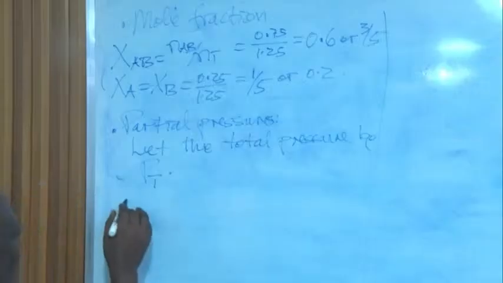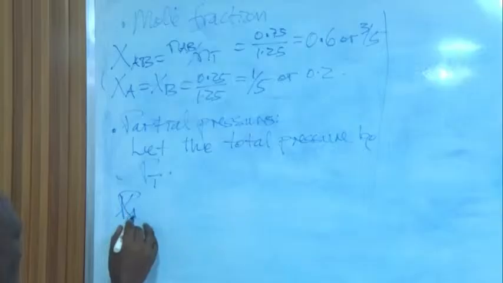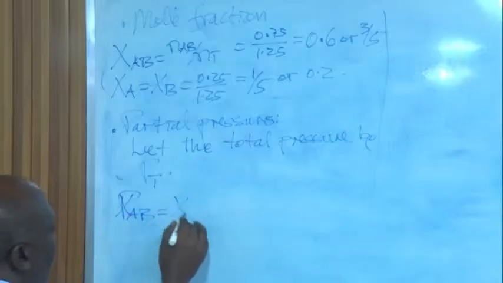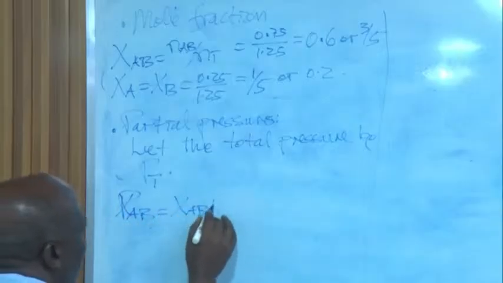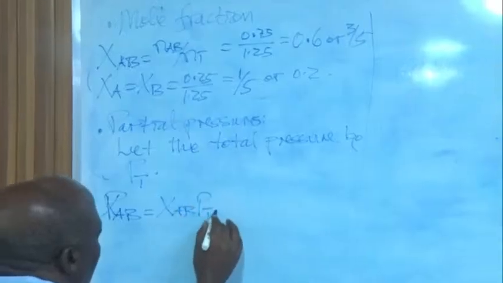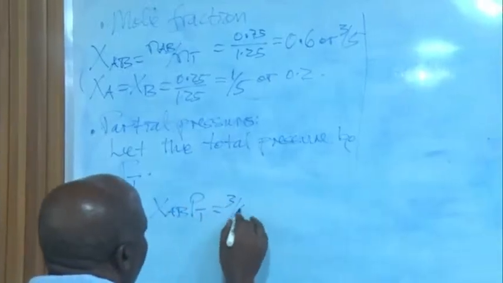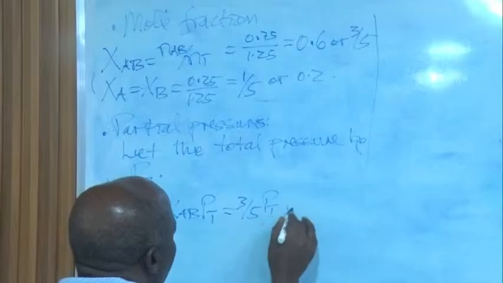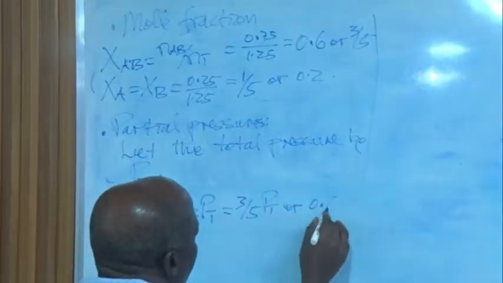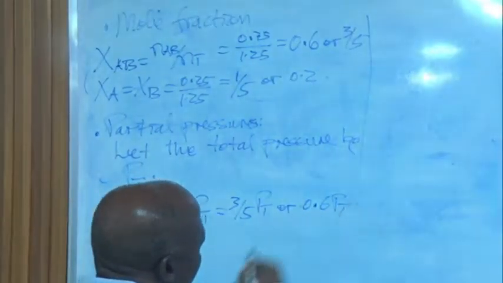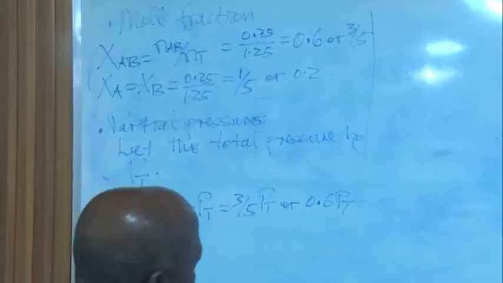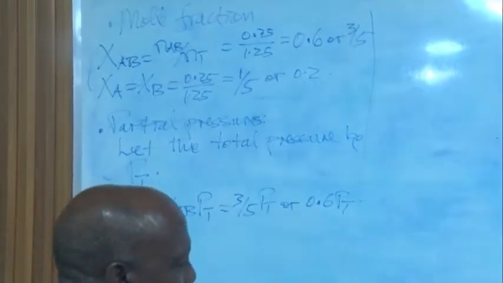So the partial pressure of AB is equal to the mole fraction of AB times the total pressure. This is equal to 3/5 PT, or 0.6 PT. So this is the partial pressure of AB.